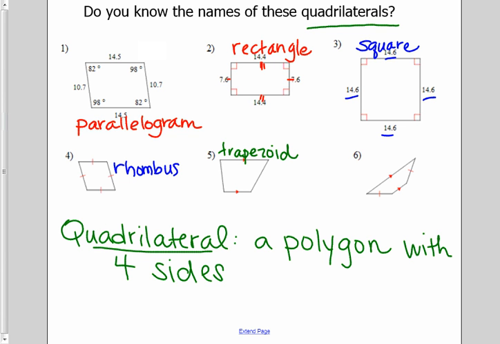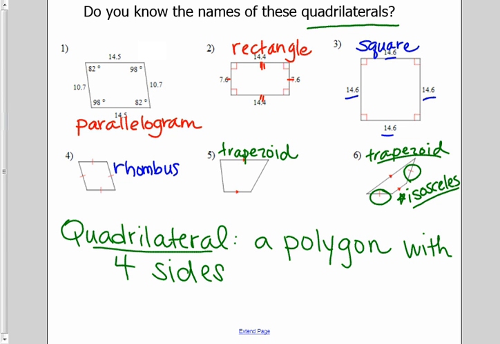And with number six, this is also a trapezoid, but this is a special kind of trapezoid because if you notice, we have two congruent sides, right? So these congruent sides, anytime you have two congruent sides, that special word you learned before was isosceles. So this is known as an isosceles trapezoid.